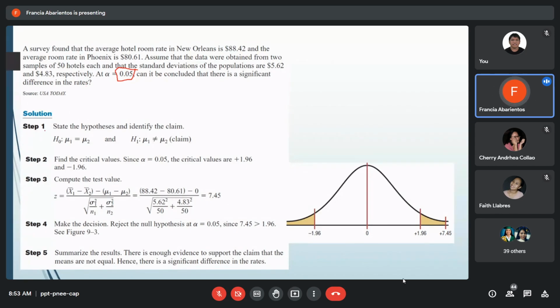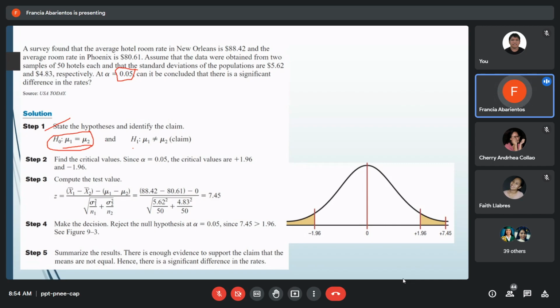So, first, we need to state the hypothesis. So, the mean, or the average room rate in the first hotel, that is not equal to, equal. Palagi yung class ha. In stating your null hypothesis that is all equal or there is no significant difference.